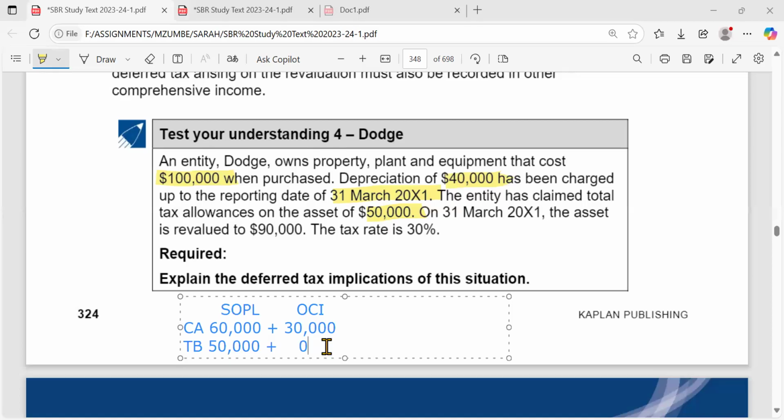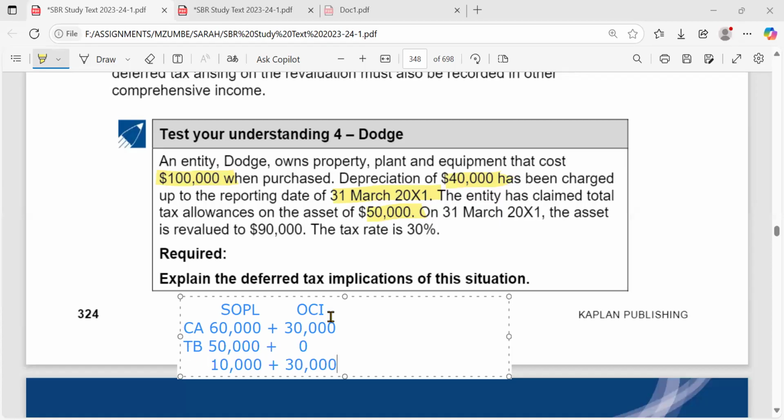So you can get the difference. What would be the temporary difference? 60 minus 50, we have 10,000 here. And 30 minus zero, we have 30,000 again. You see, this is a temporary difference.